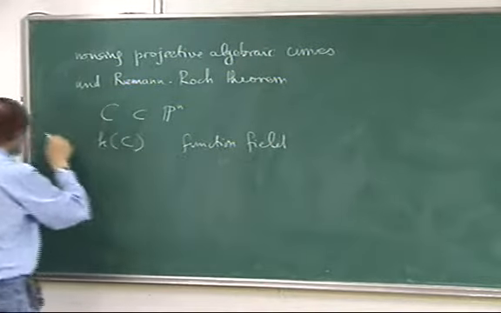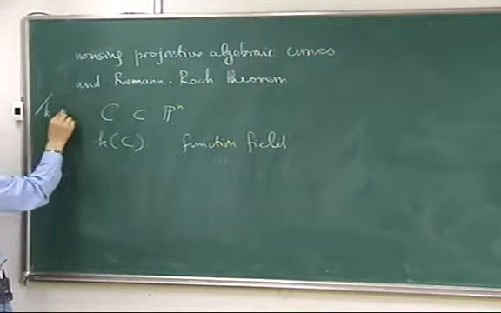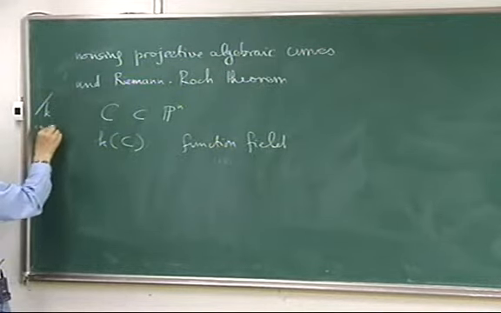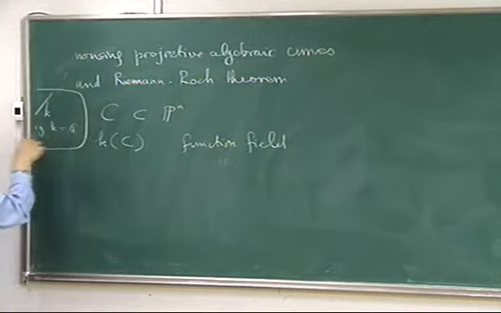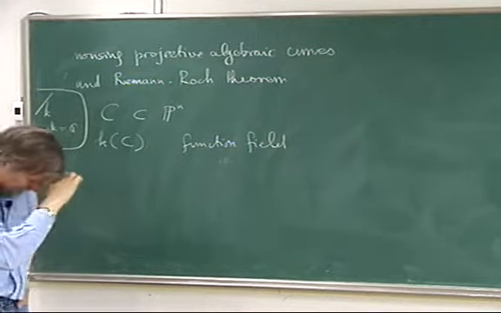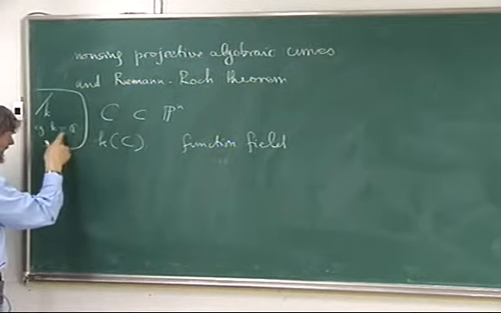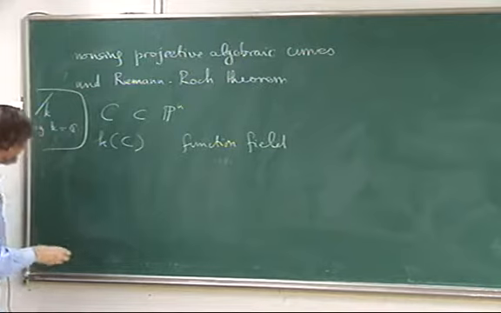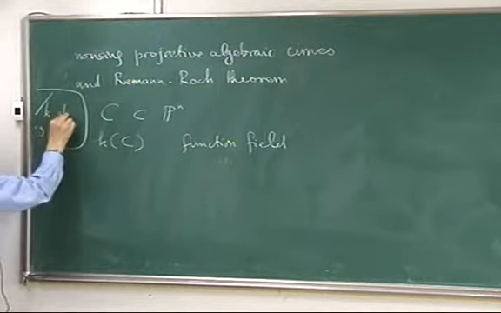I'm working over a field K, and for most purposes, e.g. K equals C. For most purposes, my K will be algebraically closed, and in one or two places it's convenient, but not essential, to assume that.